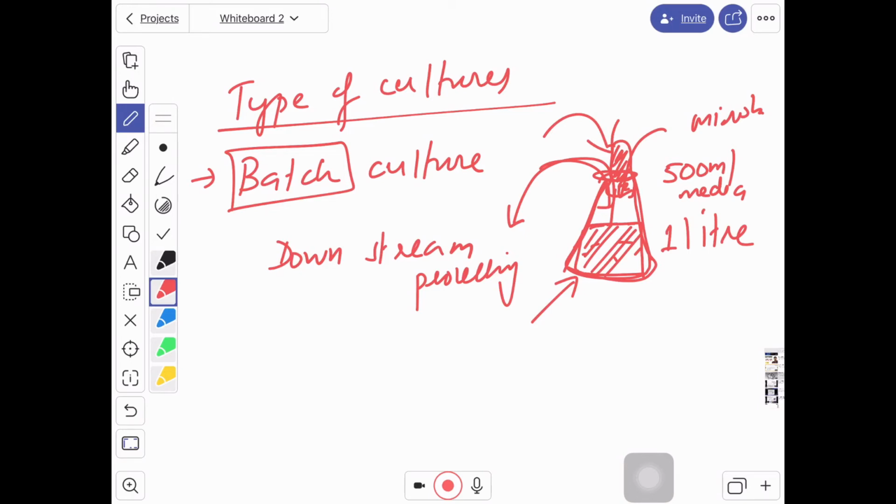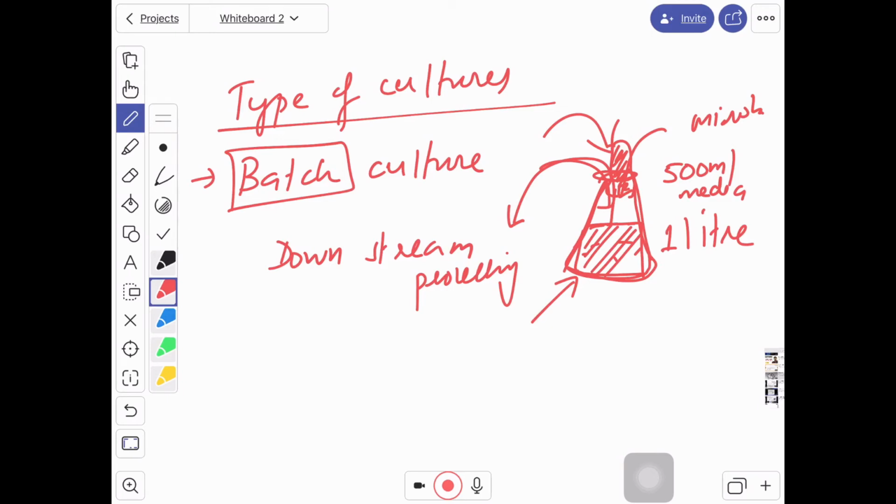This can be done even at laboratory level as well as in the large scale fermenters. To the big fermenter we introduce a limited amount of nutrients, and that limited amount of nutrients will be utilized by the cells growing there.